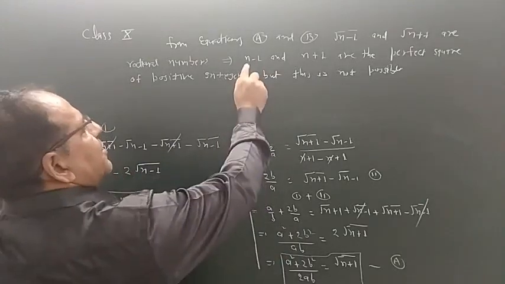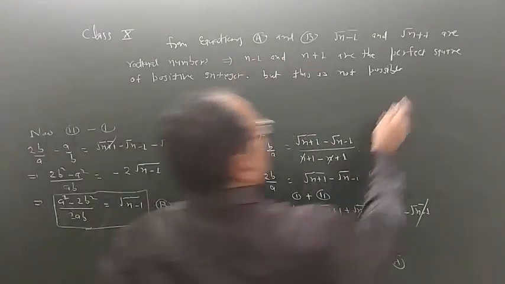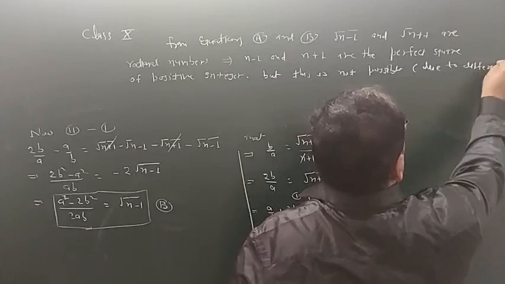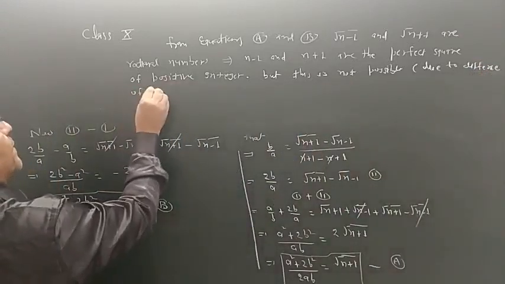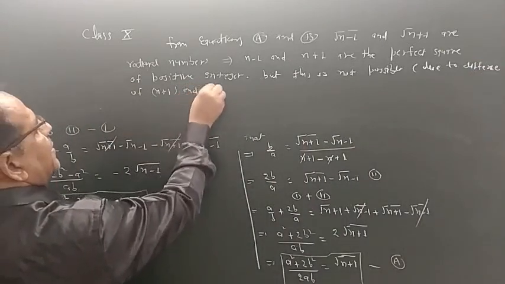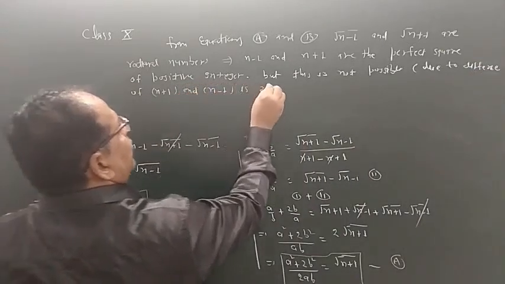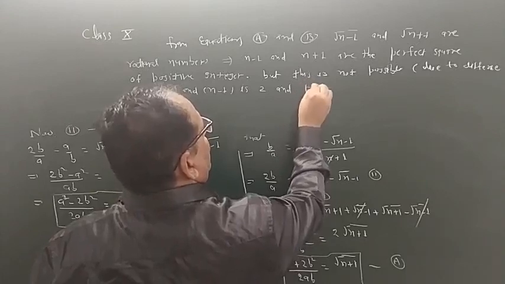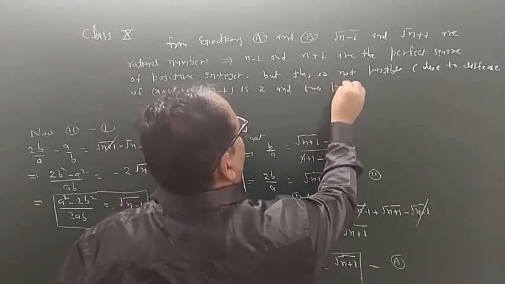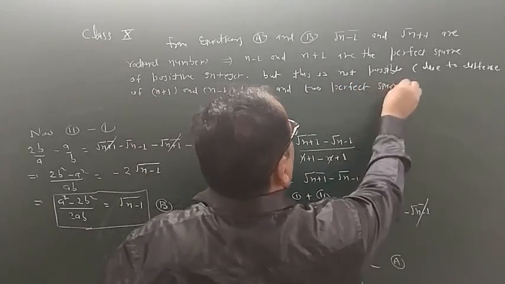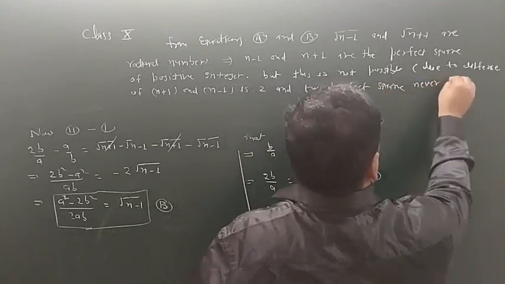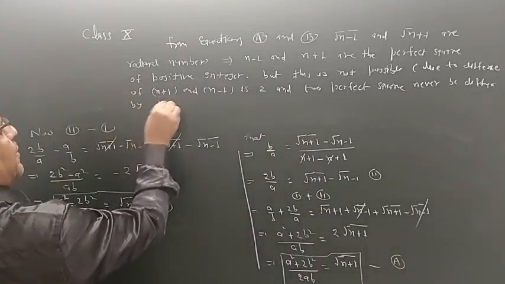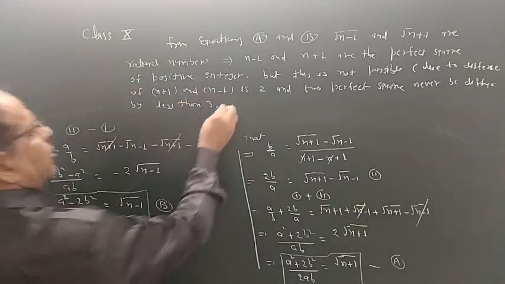Are you confirmed? The difference of n plus 1 and n minus 1 is 2, and two perfect squares are never differed by less than 3.